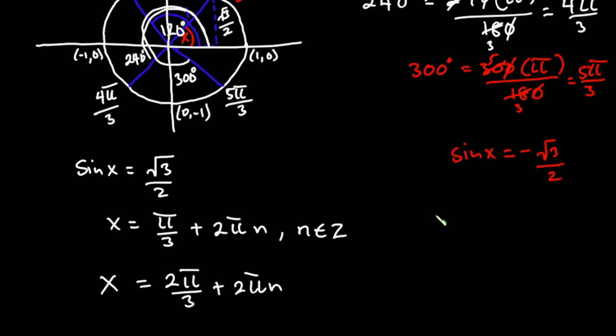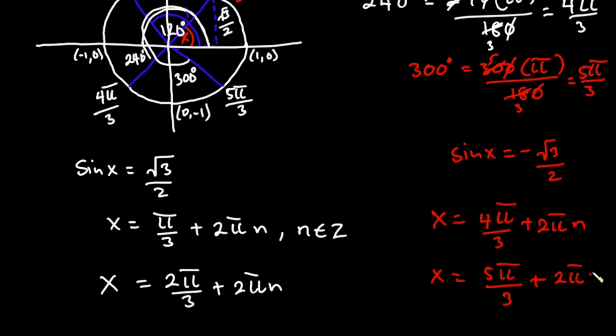So we're going to have x is equal to 4 pi over 3 plus 2 pi n, or x is equal to this part, which is 5 pi over 3 plus 2 pi n, where n is an integer.